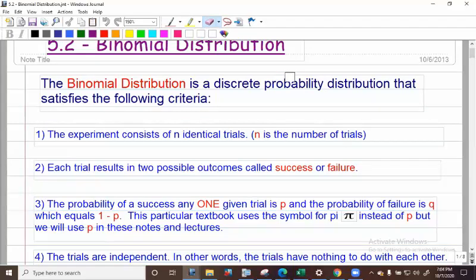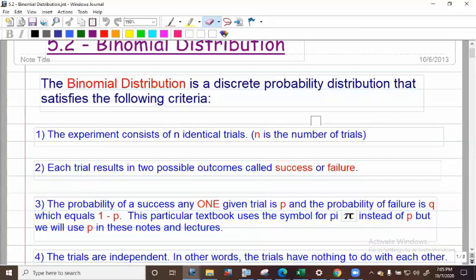Now, this is where it gets a little interesting: each trial results in 2 possible outcomes. One is called a success, and the other one is called a failure. That doesn't necessarily mean good or bad in the sense of good versus evil. It just means success is the thing you're trying to measure, and failure is that not happening.